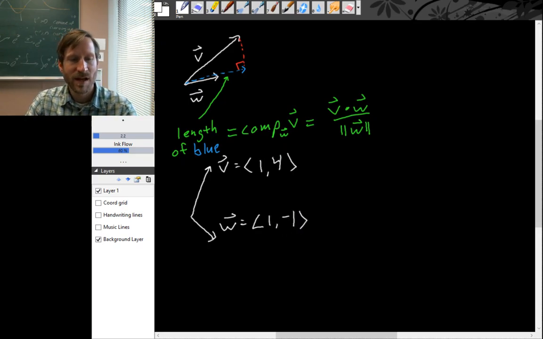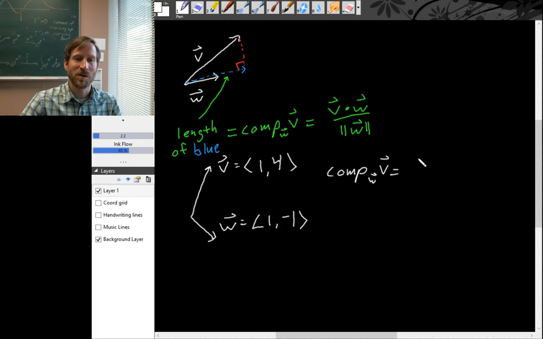Then the formula for comp tells us that the amount of v pointing in the direction of w is v dot w over the magnitude of w.